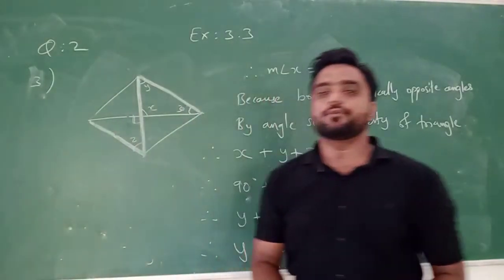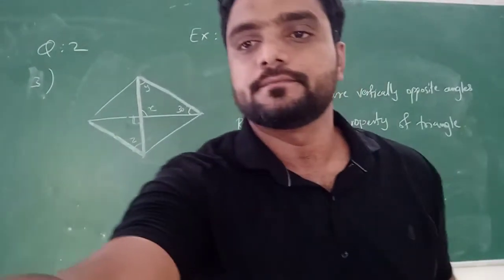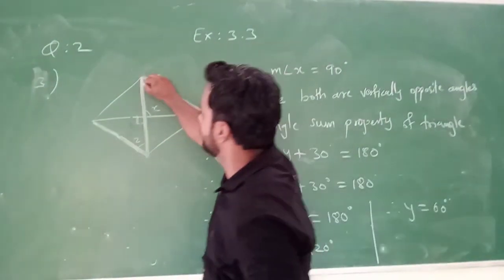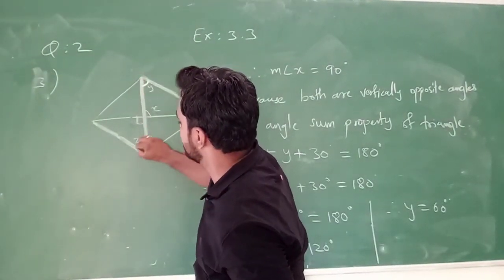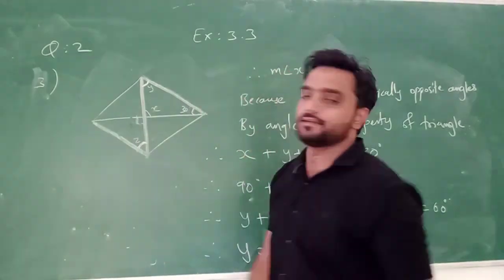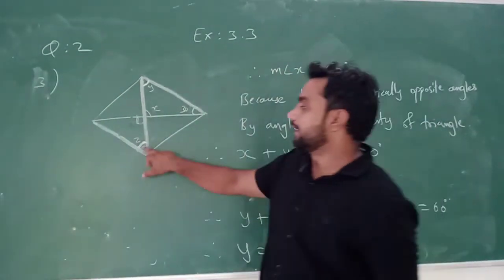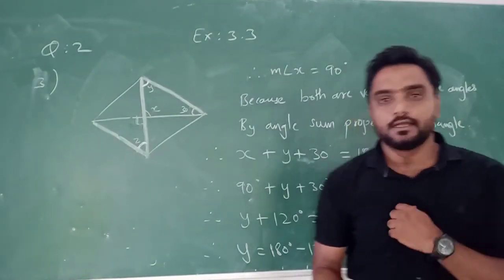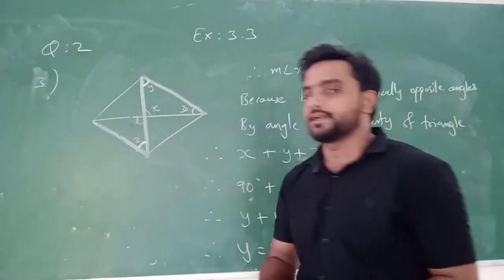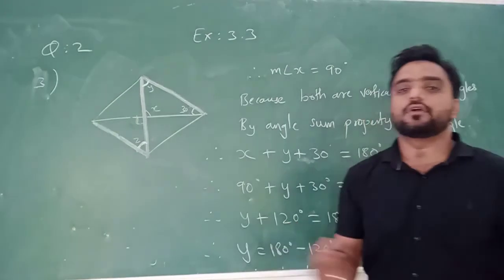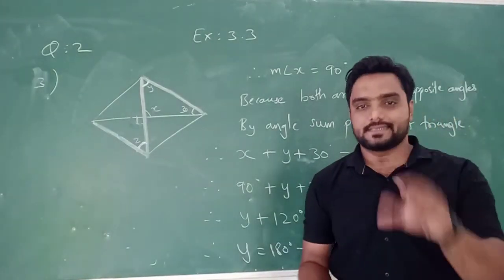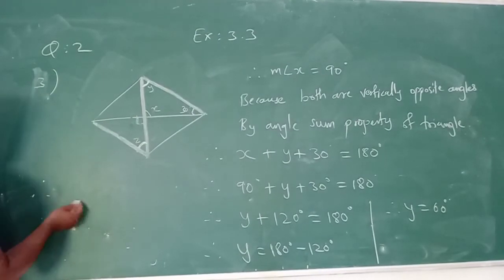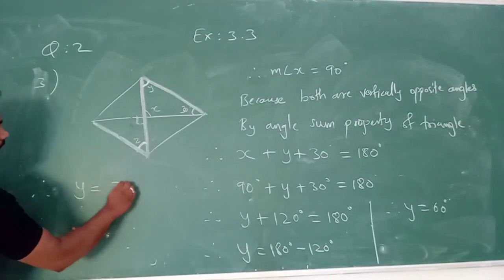Z और y को alternate angles consider किया जाएगा. Now according to the property of the alternate angle, the measure of the alternate angles is how much? Same. That means I will write it as y is equal to z.